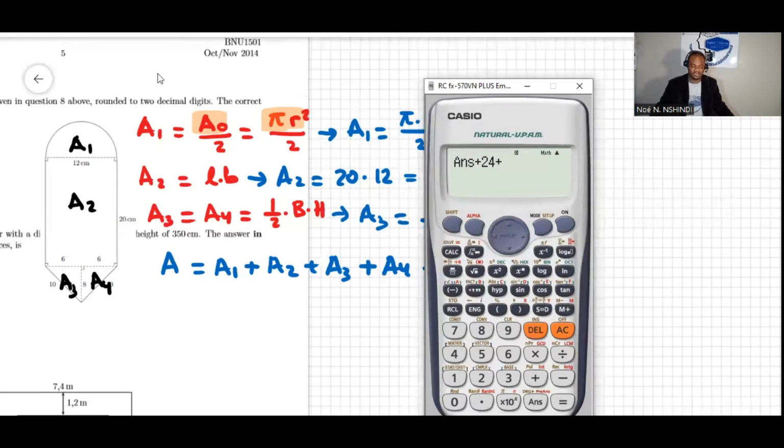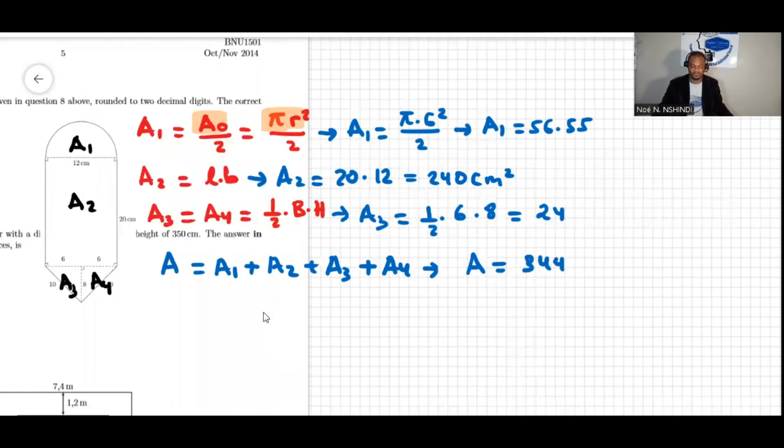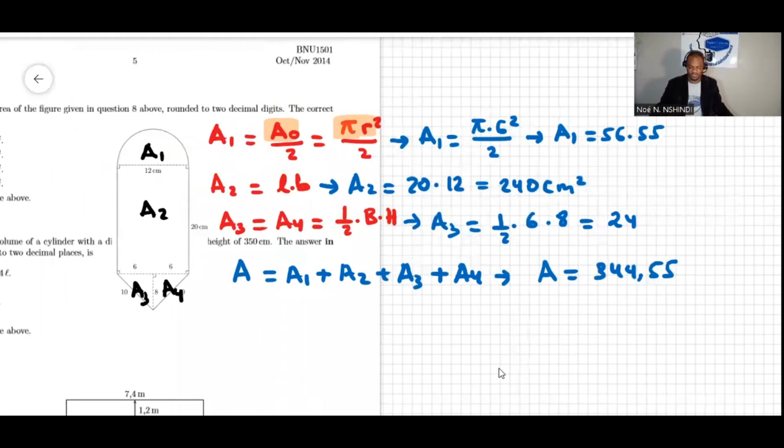And then plus area 2, which is 240, so plus 240, and then plus 56.55. When we hit equal and press SD, that makes 344.55 centimeter squared, okay?